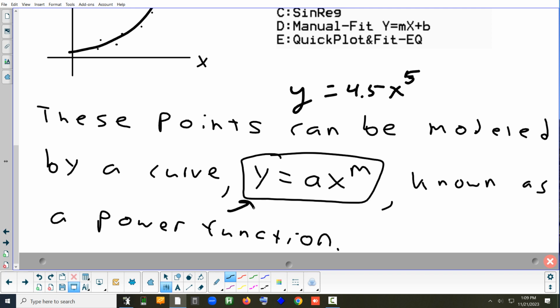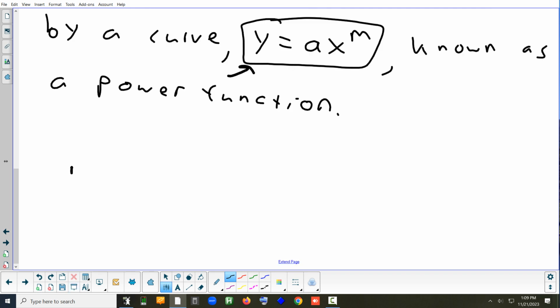Any question on the format of a power function, what it looks like? The two things you have to find are the A and the M. Now, if I wrote it like this, you don't have to write this part down, I just changed the A to a B. What does B usually remind you of when you're writing equations?